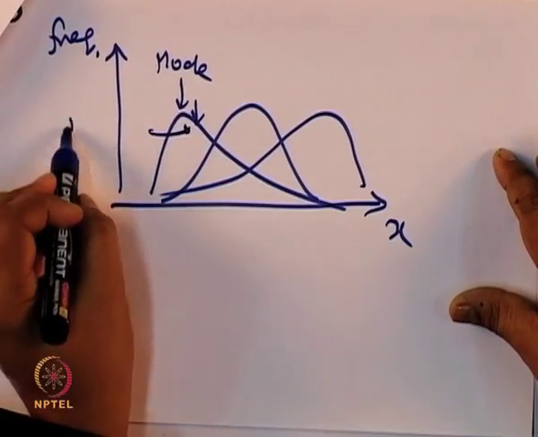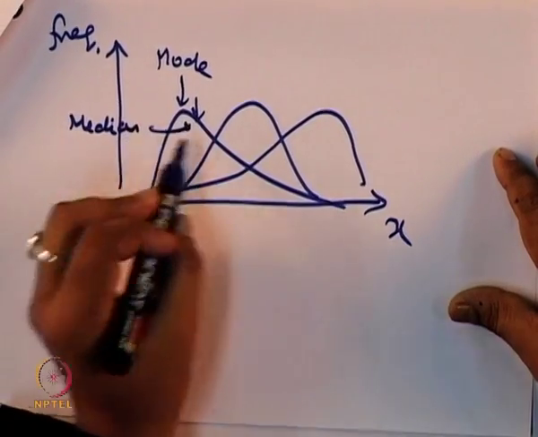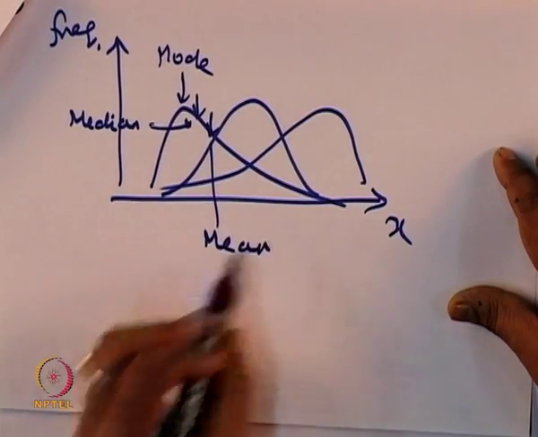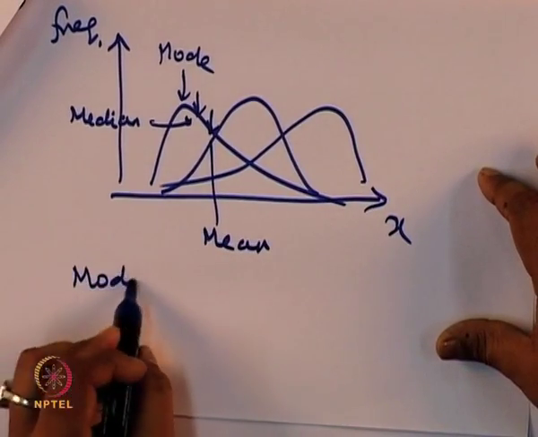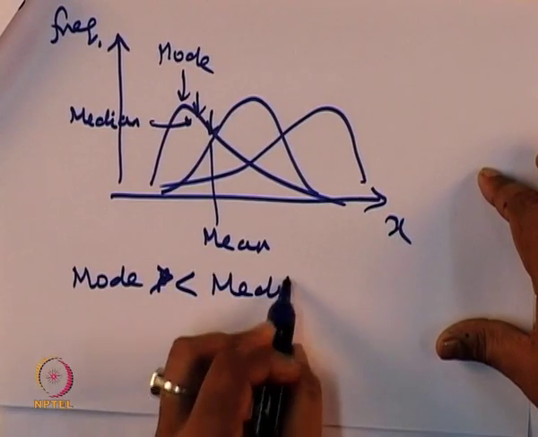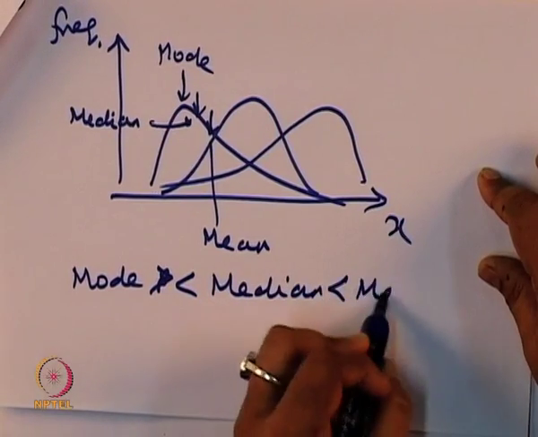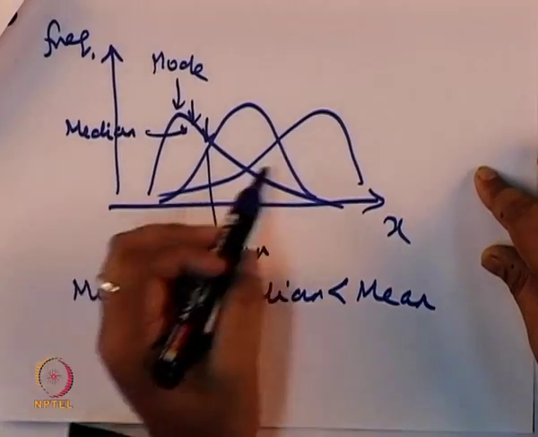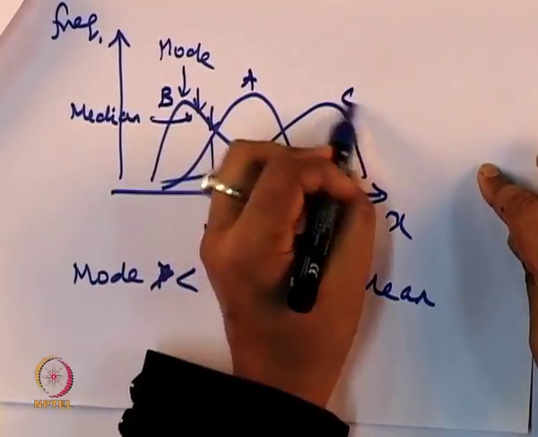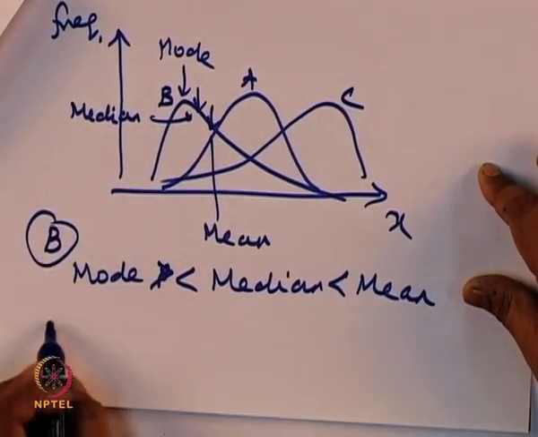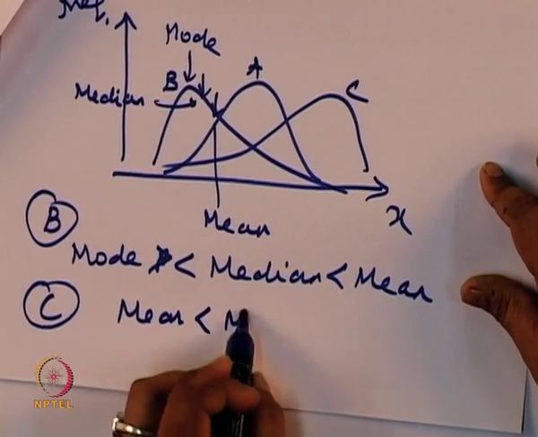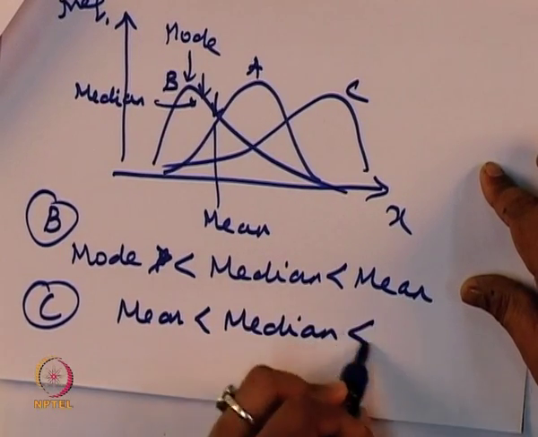So, this is my median, and the average will be somewhere like here, this is my mean. So, in this case I have mode less than median less than mean. Okay. And this is case B, this is case A where all 3 are equal. So, this is case B, and for case C you will have mean less than median less than mode.